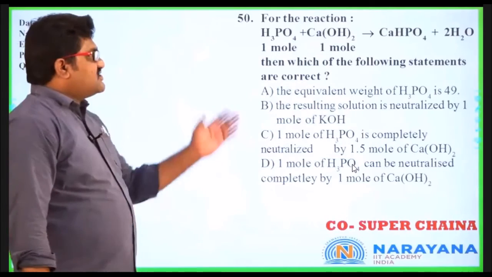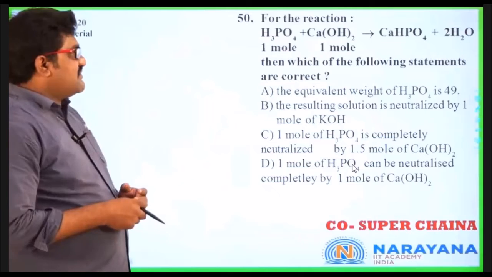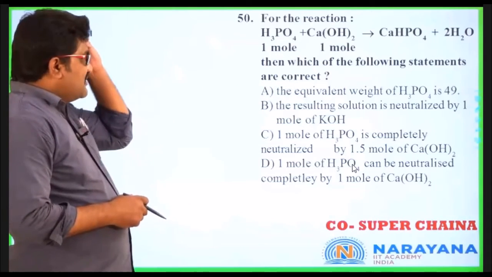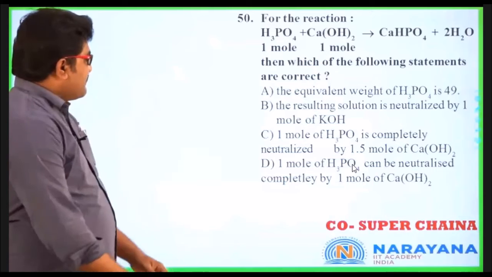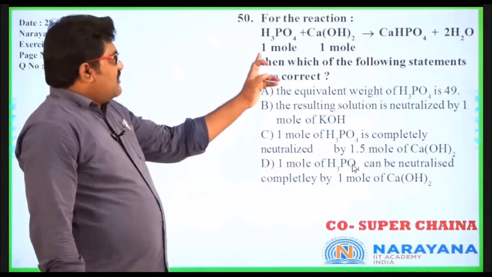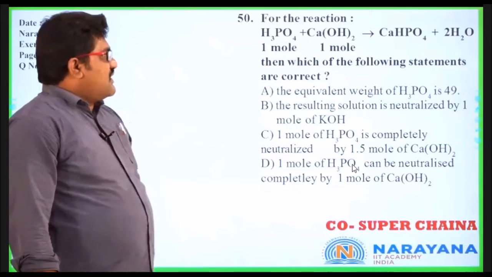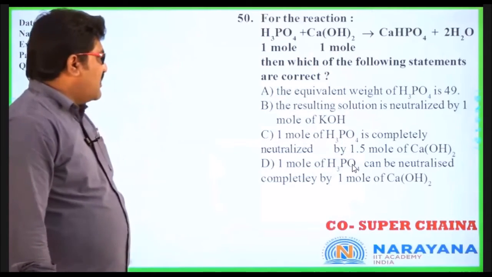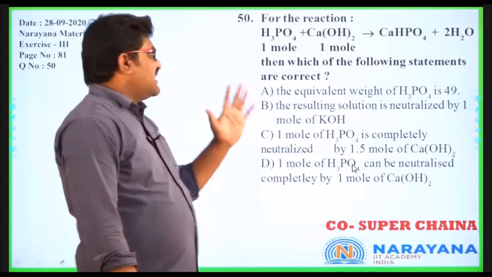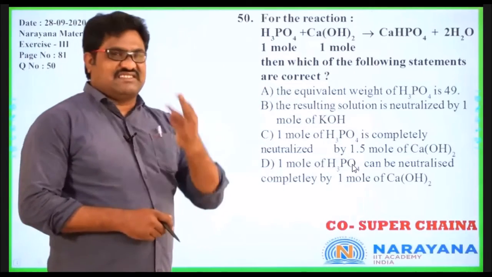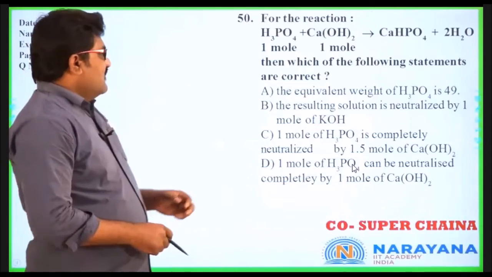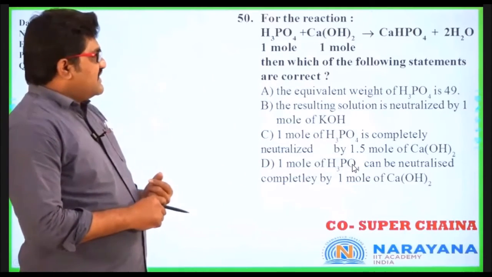For the reaction H3PO4 plus calcium hydroxide gives rise to CaHPO4 plus 2H2O, 1 mole of H3PO4 requires 1 mole of calcium hydroxide and forms calcium hydrogen phosphate and 2 moles of water. Which of the following statements are correct? H3PO4 is basically tribasic, it can donate 3 H plus ions. The equivalent weight of H3PO4 is 49.